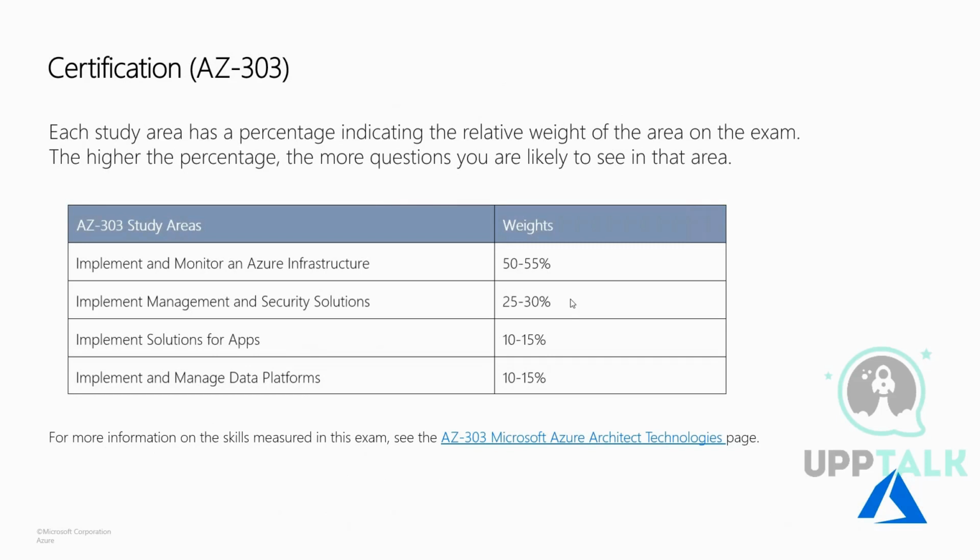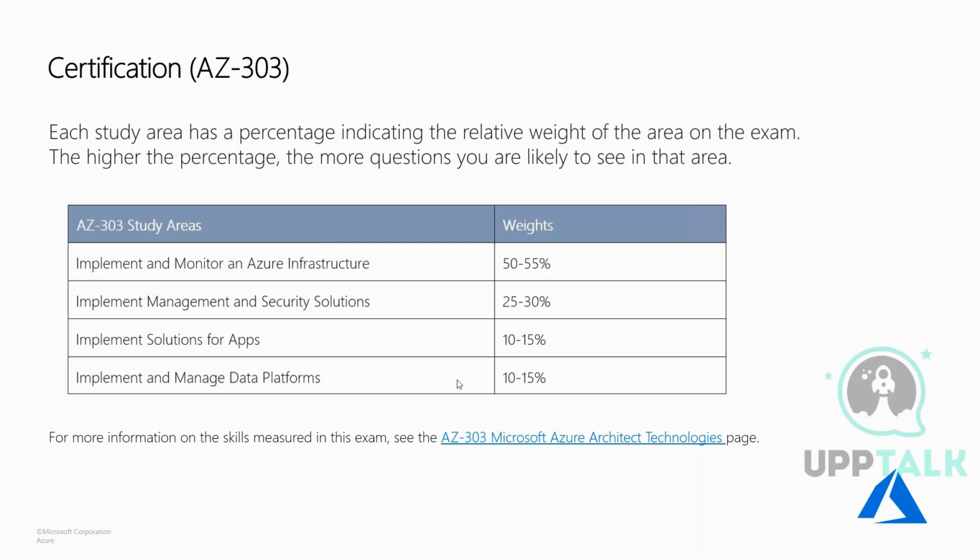If you look at the percentage distribution, maximum weightage is for Azure infrastructure. So Chenna would have an upper hand over here since he has already worked on the infrastructure piece. But I would say others also should start looking at the infrastructure components because that is around half of it. You'll see around 55%.